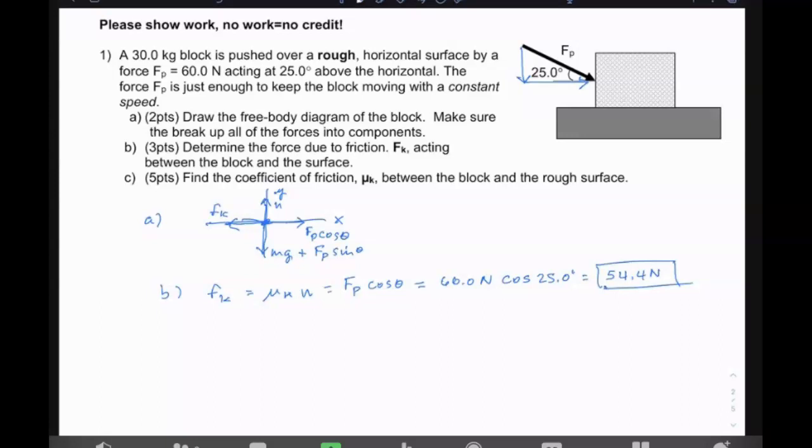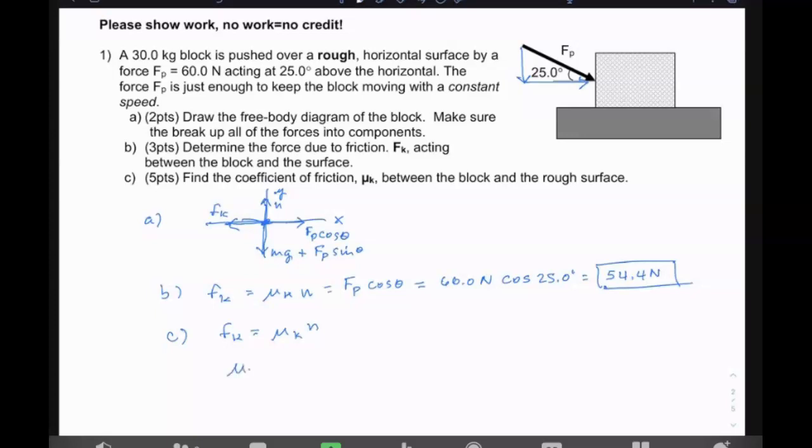Then in part C, we're asked to find the coefficient of kinetic friction. So now we know what F sub k is because we calculated it in the previous step. And we know that F sub k is equal to mu sub k times the normal force.